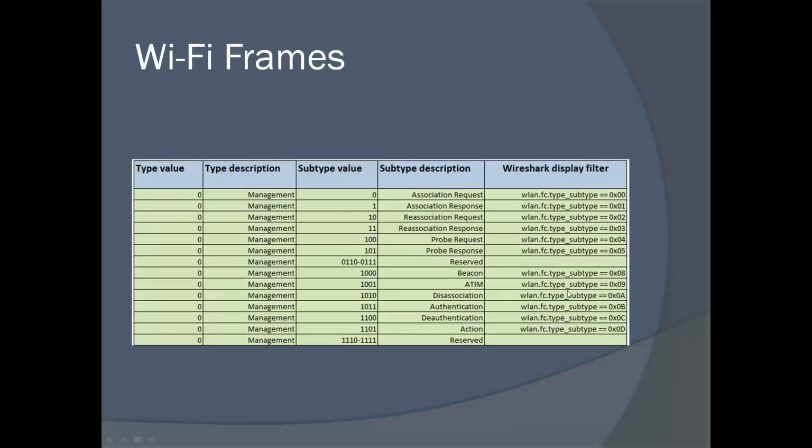So here we have the probe request, the probe response, the beacon, the authentication, and de-authentication. We can use those in our attacks against a Wi-Fi access point. In particular, we're going to use the de-authentication to be able to DOS it. And the beacon, as I was mentioning earlier, even if the Wi-Fi administrator has turned off the SSID broadcast, the SSID is still included in the beacon frame.